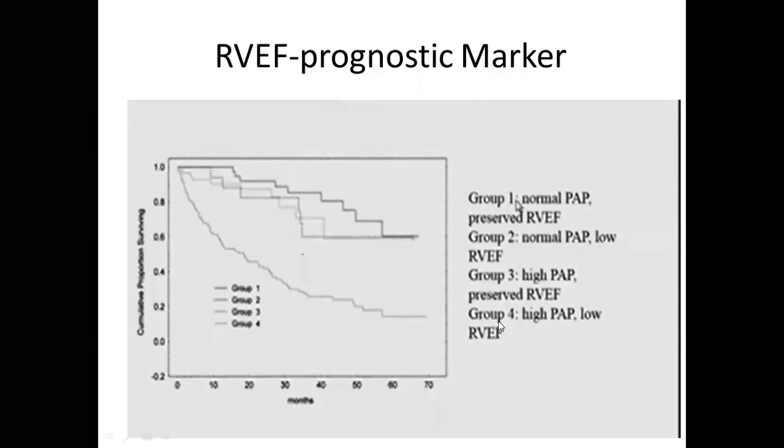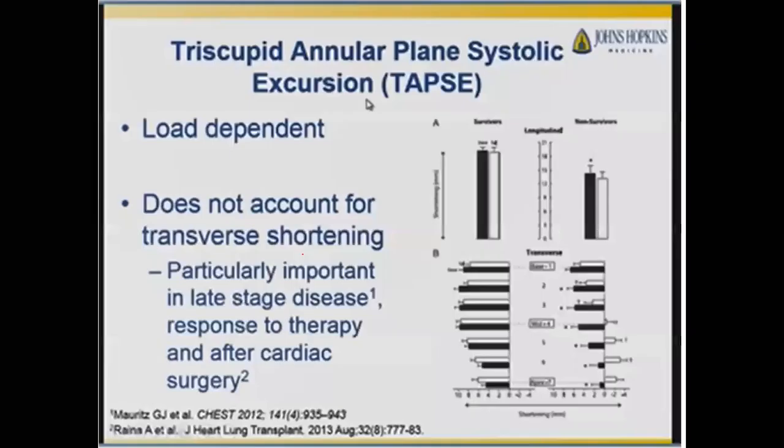And in group 4, the last one, with high pulmonary arterial pressure and low RVF, the outcome of a patient with left ventricular dysfunction is very much dismal, meaning they have a very poor prognosis. This is just to show that RV ejection fraction has very good prognostic value in patients with LV dysfunction.